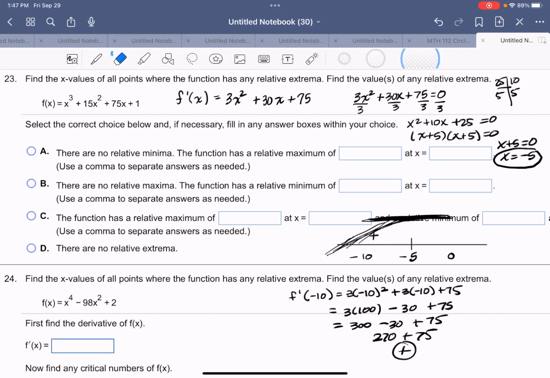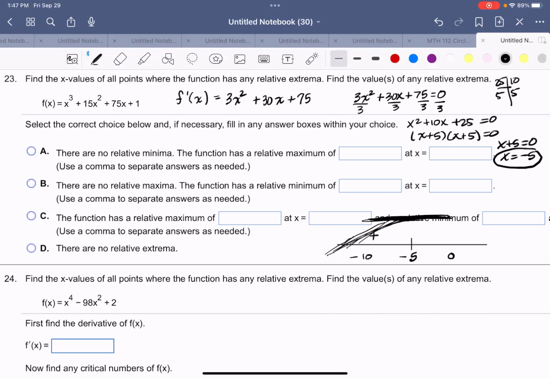So now we have to check on the other side to see if it continues to be positive or if it turns around and has a negative slope. So f prime of 0 is 3 times 0 squared plus 30 times 0 plus 75. That's 0 plus 0 plus 75.